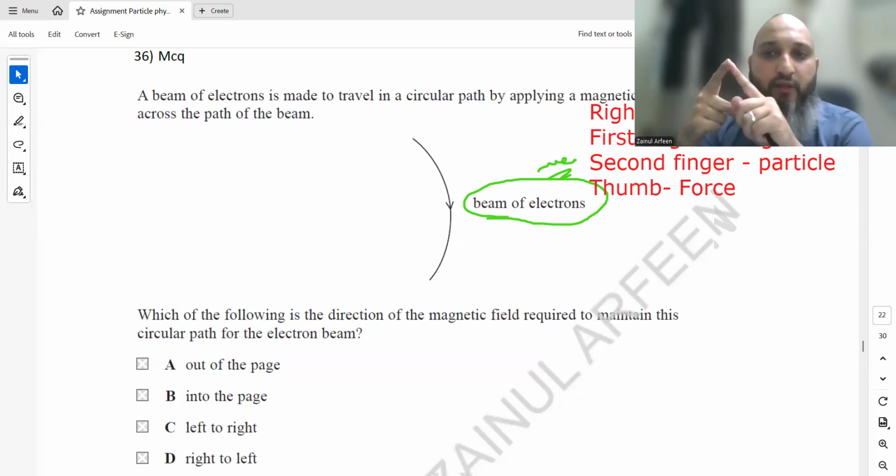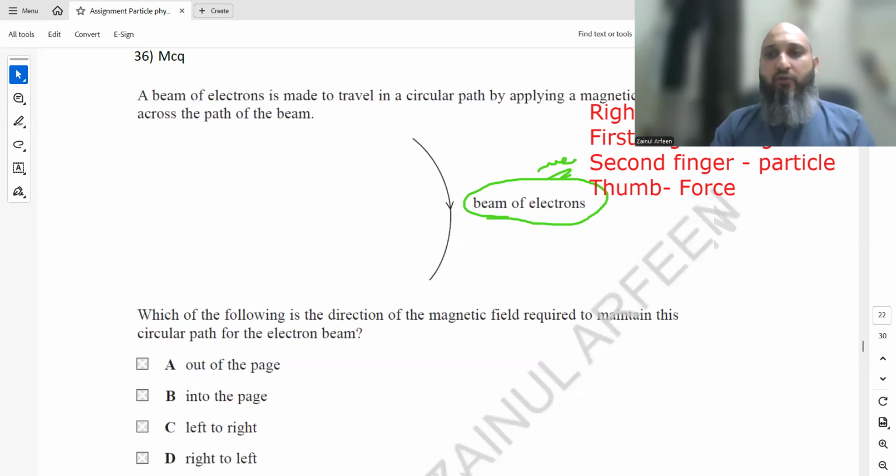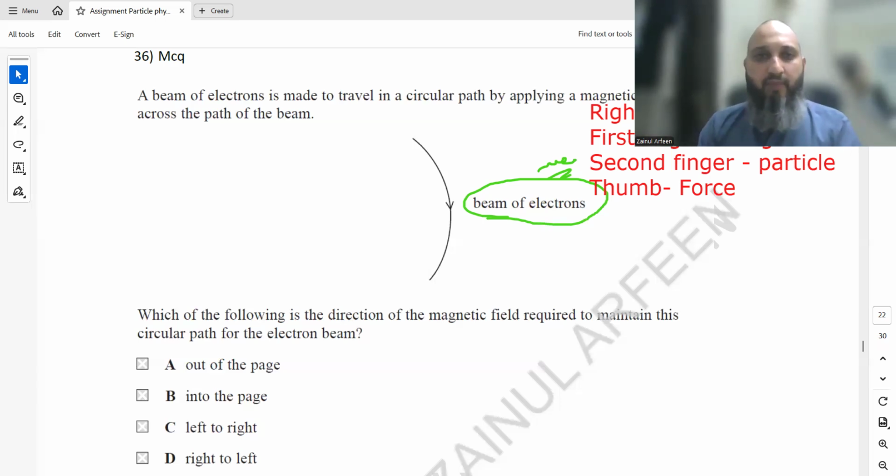The index finger is pointing in the direction of the magnetic field. The second finger represents the direction of the particle, and the thumb is pointing in the direction of the force. In this case, we know the force is pointing towards the left as the beam is moving. This is the direction in which the force is acting.